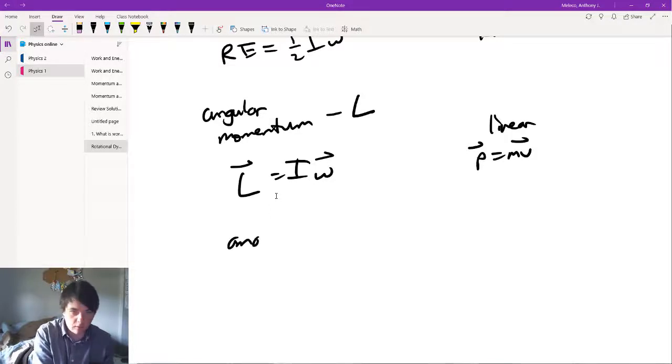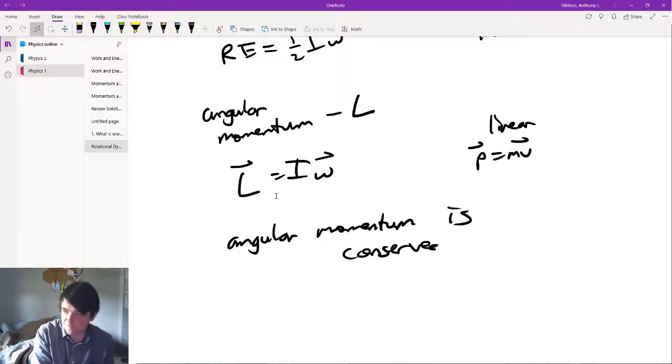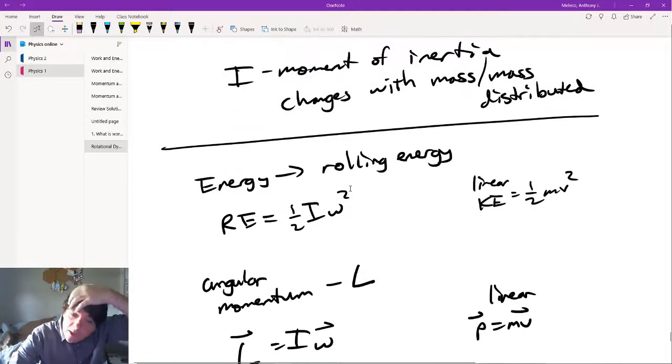And angular momentum is conserved. We'll do a few of these problems. Okay. Also, energy is still conserved as well. I don't know if we'll do any of those problems.